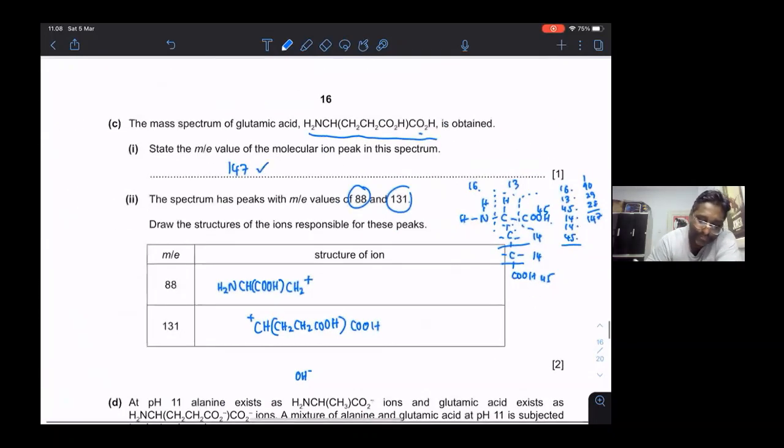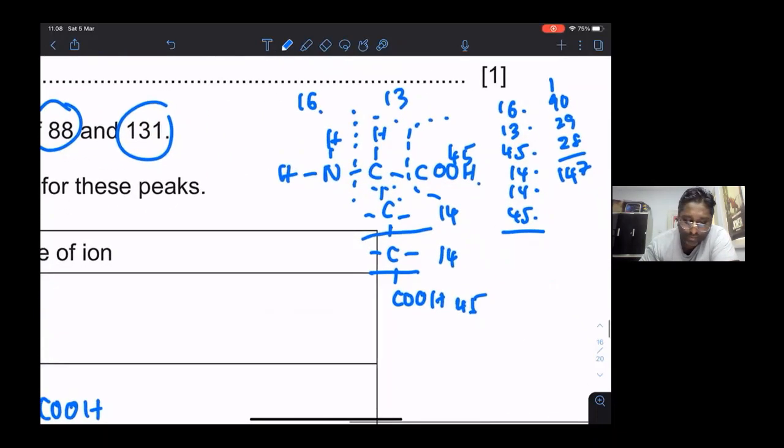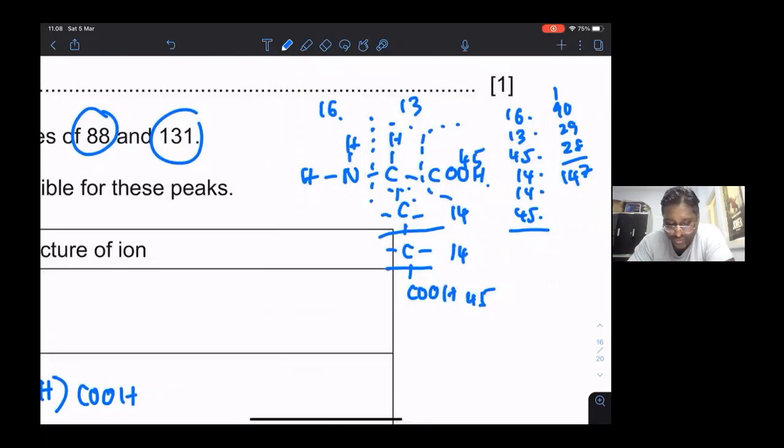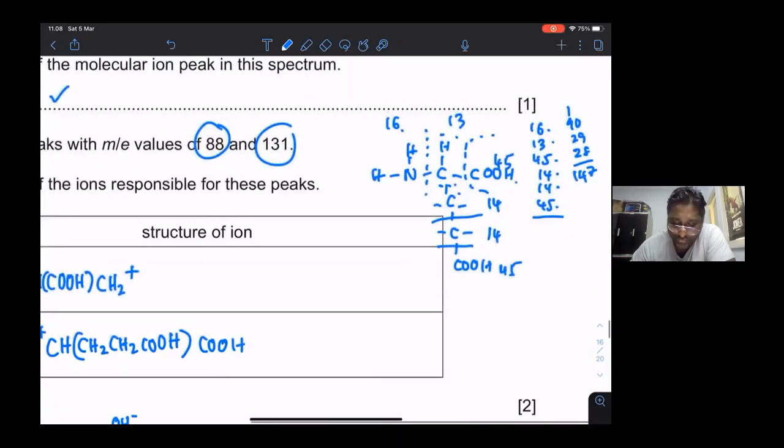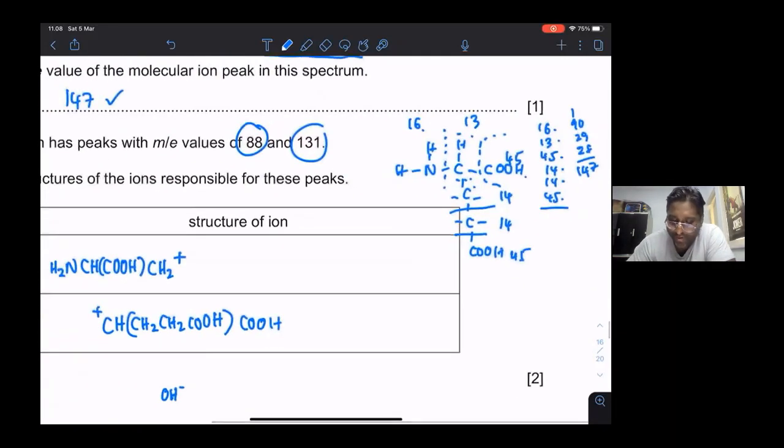Okay, 147. Now the spectrum has peaks at m/e 88. I think if you write it down like this, it's much easier to get the answer. You just need to see where I get 88 from. If I put 16 plus 13, that's 29.